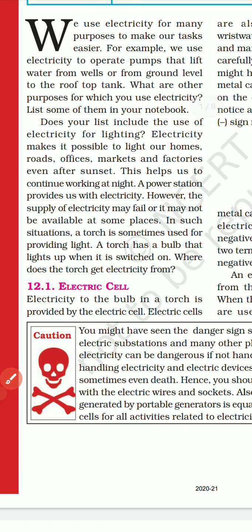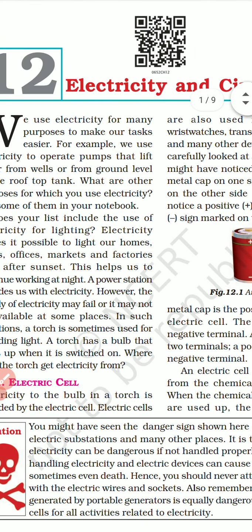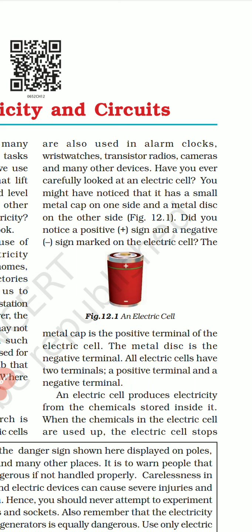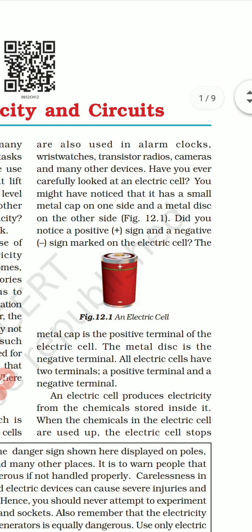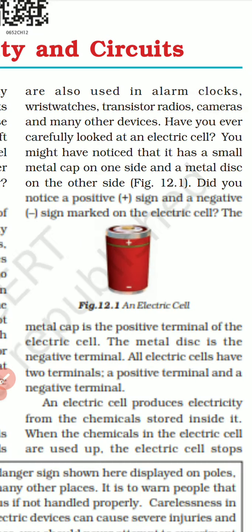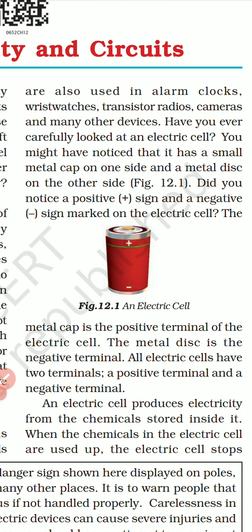Electricity to the bulb in a torch is provided by the electric cell. Electric cells are also used in alarm clocks, wristwatches, transistor radios, cameras and many other devices. Have you ever carefully looked at an electric cell?